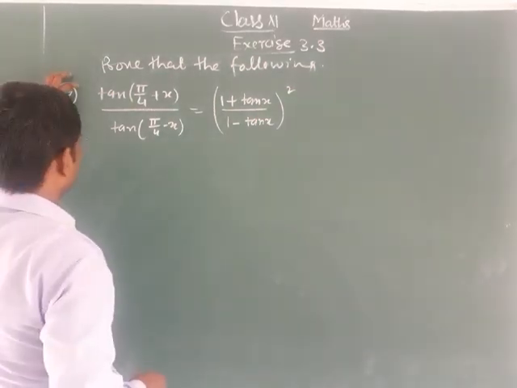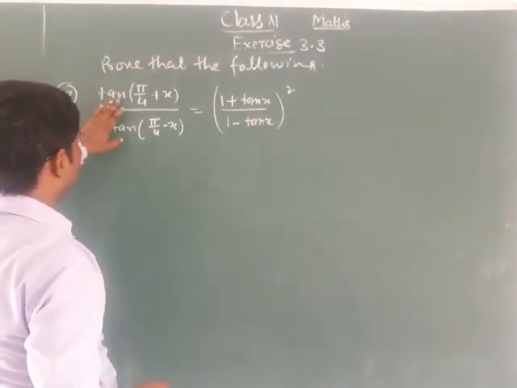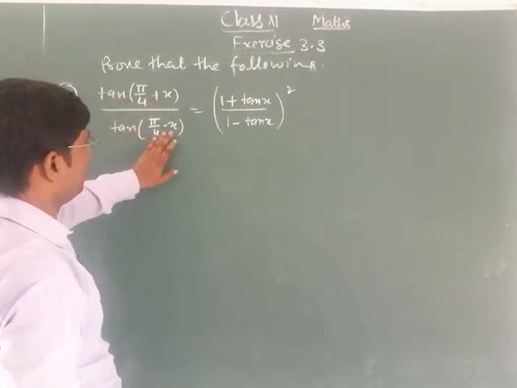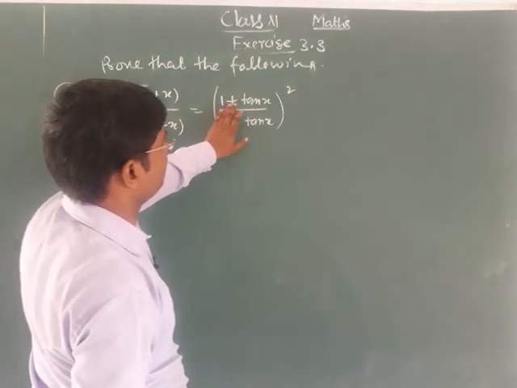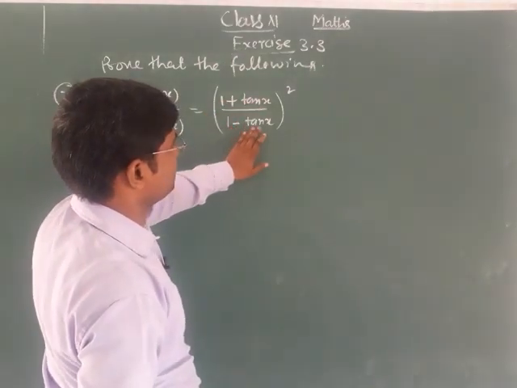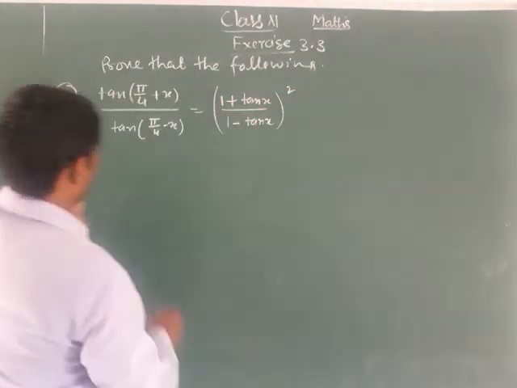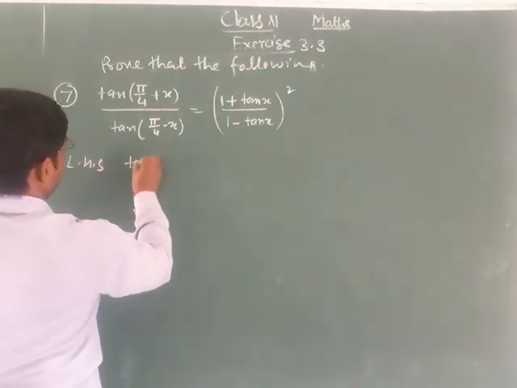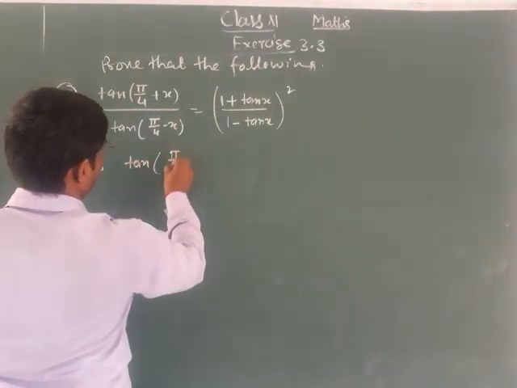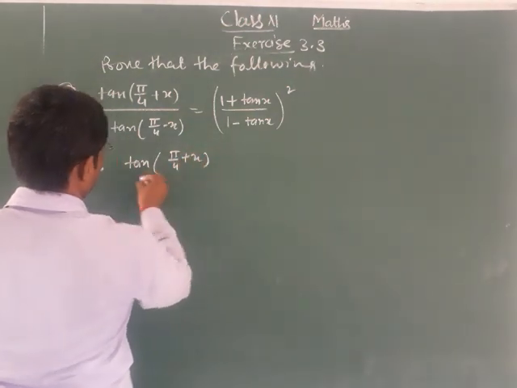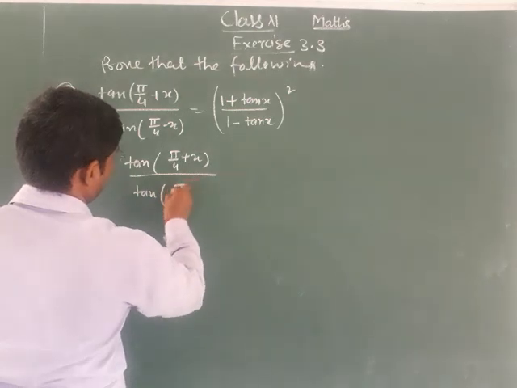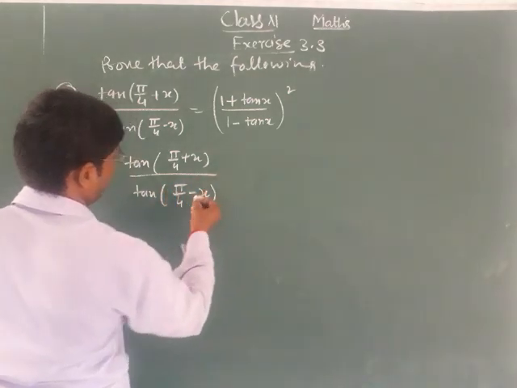Now the seventh question: tan(π/4 + x) upon tan(π/4 − x). Prove that it equals ((1 + tan x)/(1 − tan x)) whole square. Now taking LHS: tan(π/4 + x) upon tan(π/4 − x).